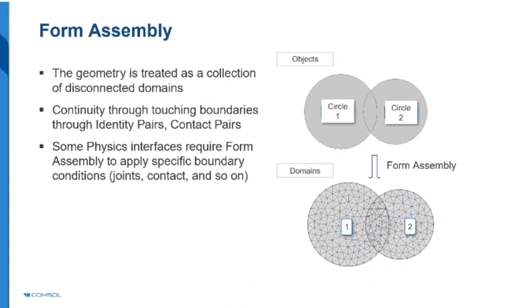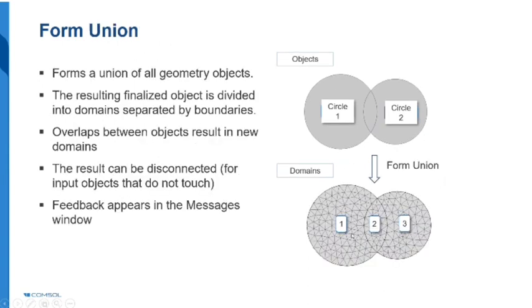For that, first of all, you need to create identity pairs and then enforce that continuity under the physics interface itself. Another point with form assembly is that when you are using form union, the internal boundary will have one constant number only. That is, there will be just one identifier given for each boundary, which you can see over here.